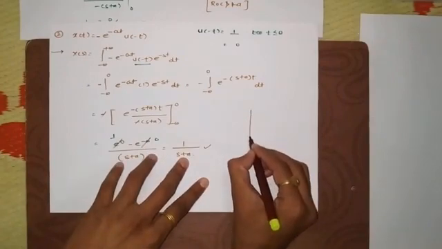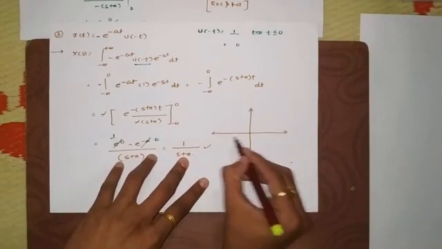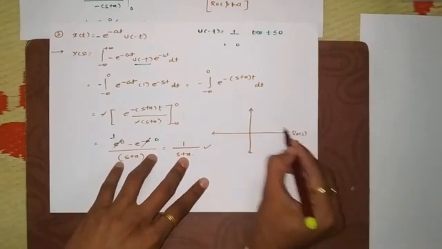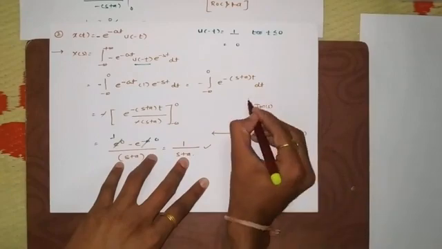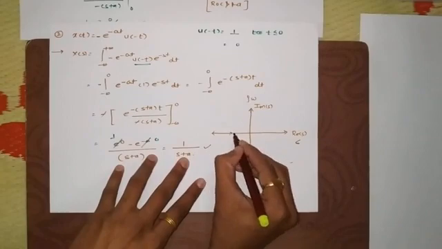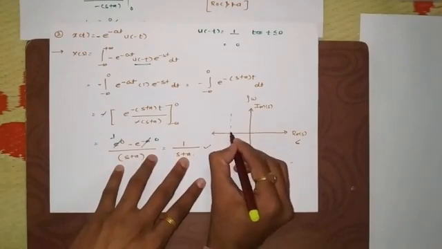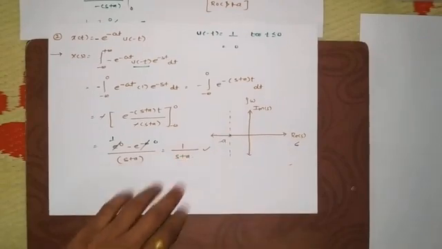If I draw the region of convergence, this is again real part and this is the imaginary. We can write sigma and j omega also, one and the same. Pole point is minus a, so we will draw a pole point here at minus a.